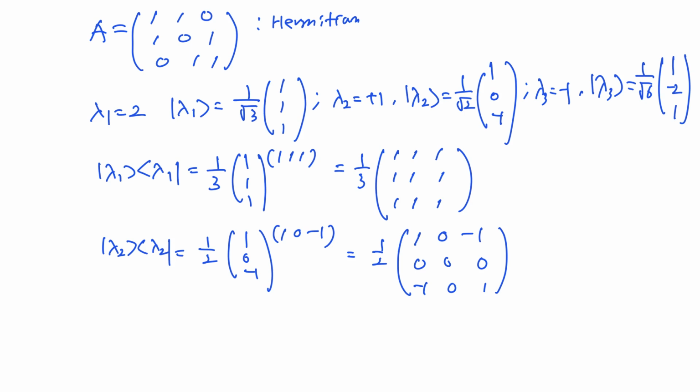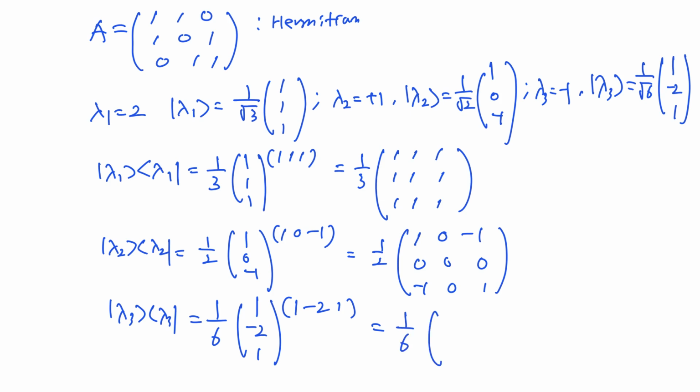For lambda 3, it is 1 over 6 times 1, minus 2, 1, 1, minus 2, 1, which is 1 over 6 times the matrix 1, minus 2, 1, minus 2, 4, minus 2, 1, minus 2, 1.